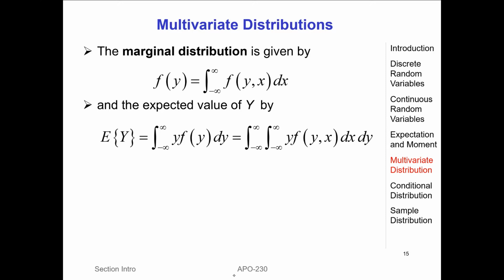For continuous variables, for example, we could have the distribution of income and food consumption. Now we consider both income and food consumption at the same time. What else? Well, as human beings, we deal with multivariate distribution from the time we are born.